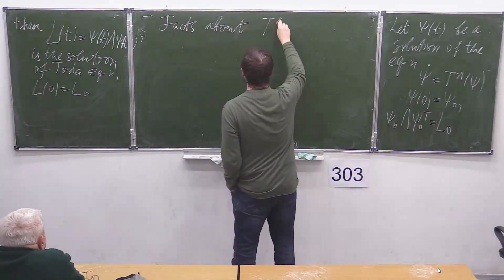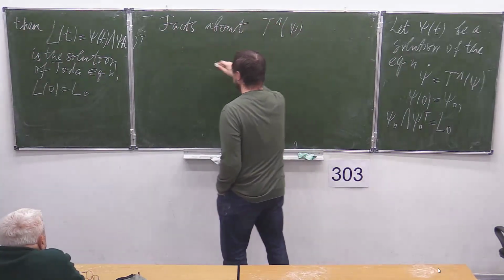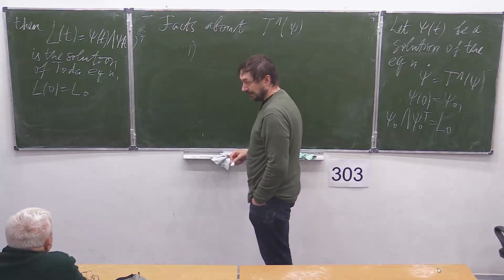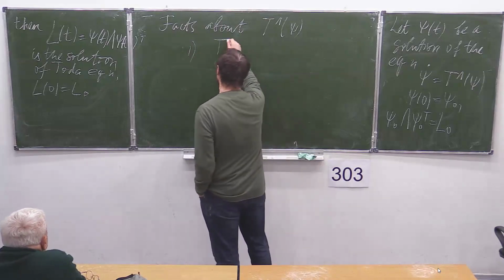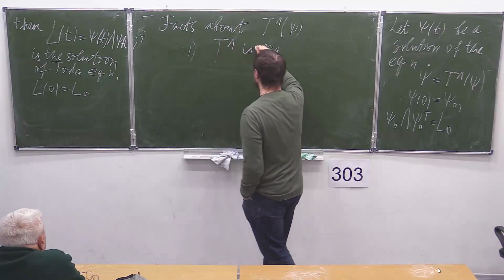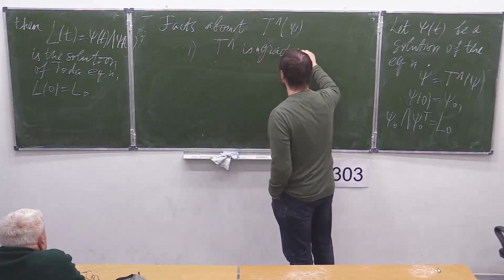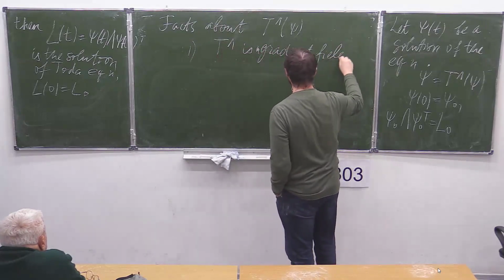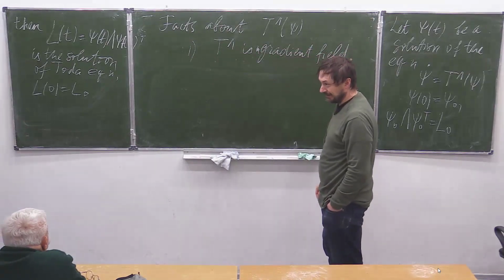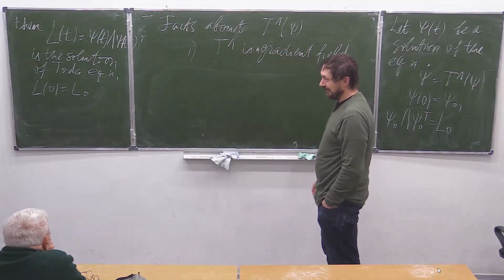So first of all, this vector field is in fact a gradient field. It's already quite interesting because this gradient field governs the behavior of a Hamilton system.